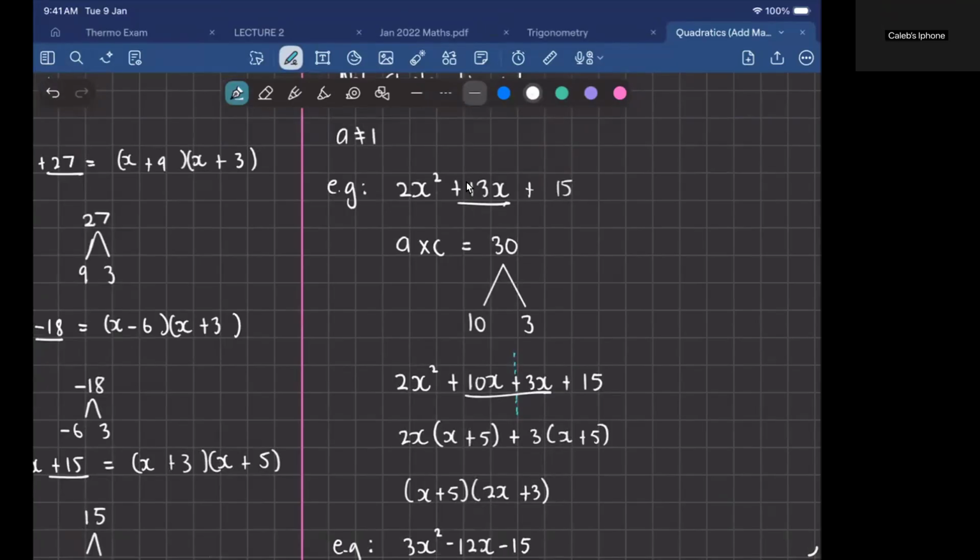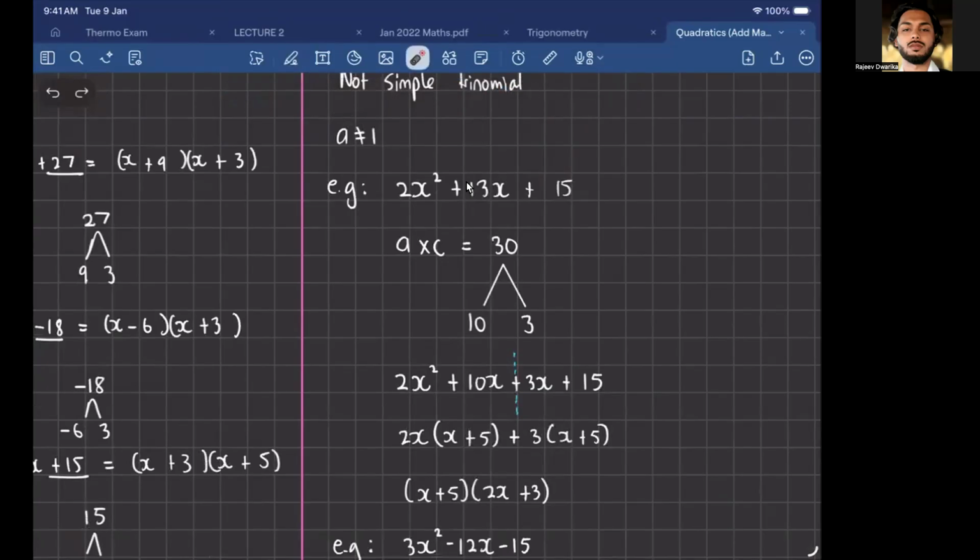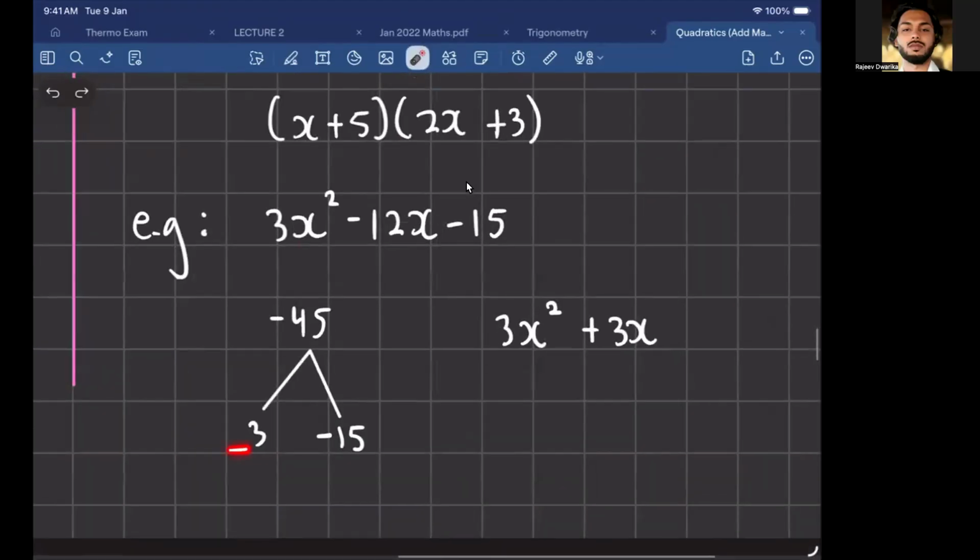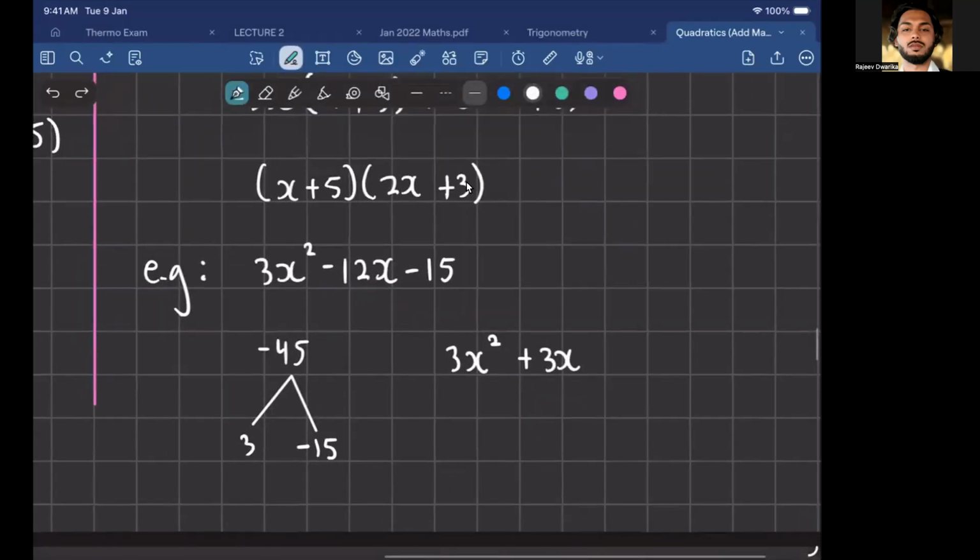Look at the previous example, 13x. We split it into 10x and 3x. So in this example, we have 3 and minus 15. So we're going to split up minus 12x into 3x what? Nah, positive 3x.